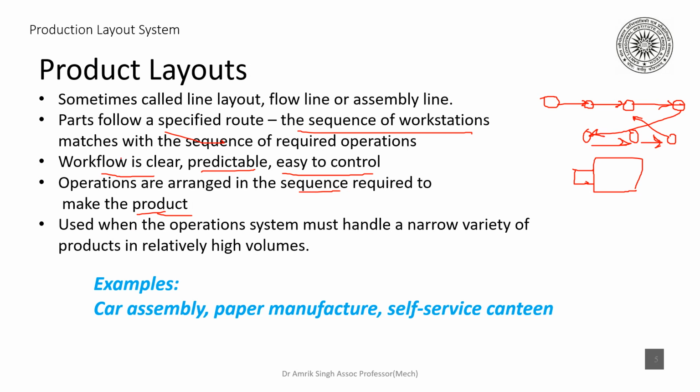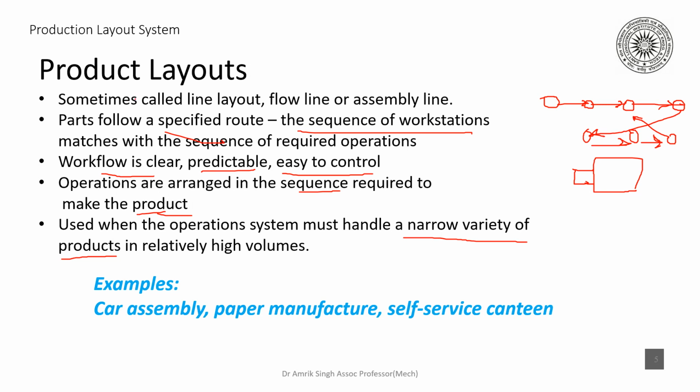This type of layout is used when the operation system must handle a narrow variety of products. So the machines are laid down as per the product. If they are for car assembly, the machines are according to the product.